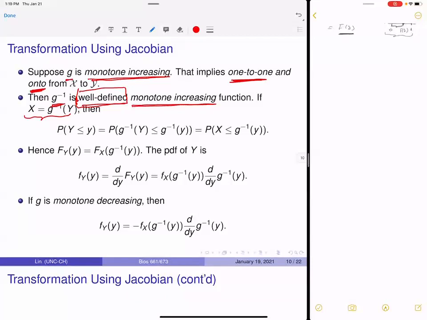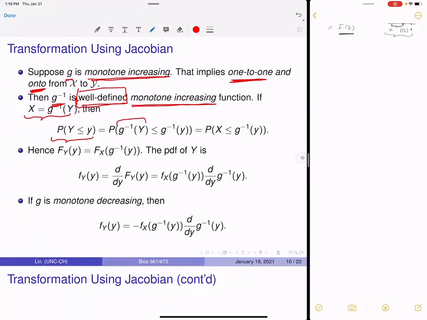Good. Okay. The reason I need that is that the Jacobian method also comes from the CDF method, which gives an easier life than deriving a PDF directly. Based on the definition of the CDF, I plug in and apply the G inverse function on both ends. Because the G inverse function is also monotone increasing, the inequality doesn't change.